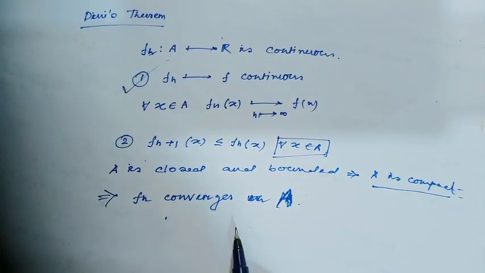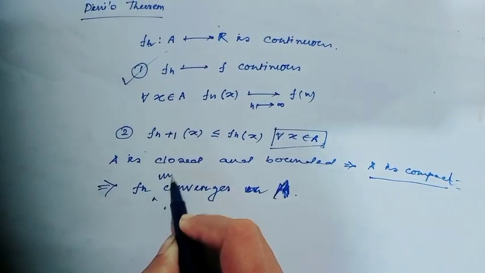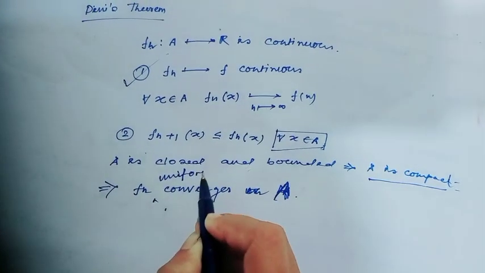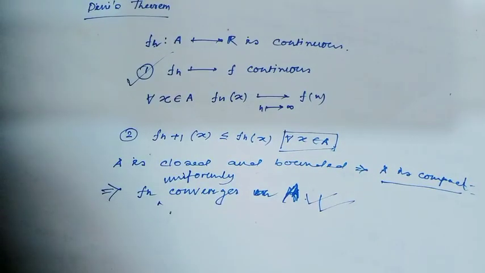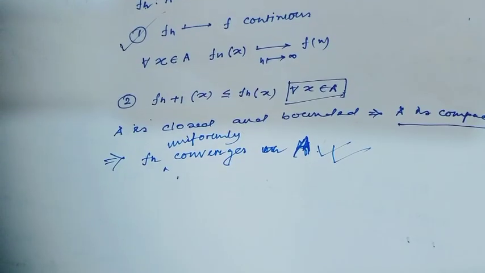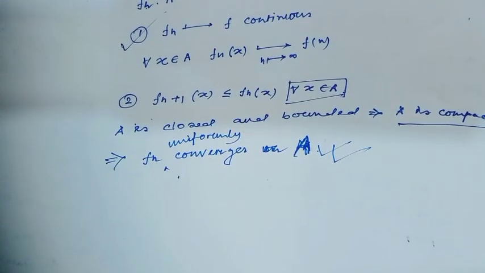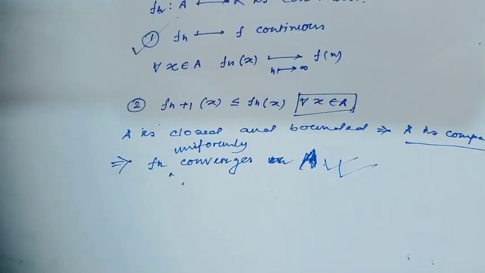Then we can say the sequence Fn converges uniformly on the set A. Have you understood this concept? Okay. This proof also I will show in my next video. Today I will show one example about this theorem.